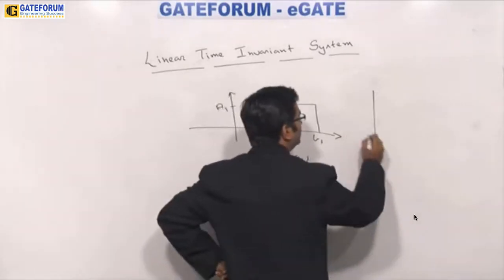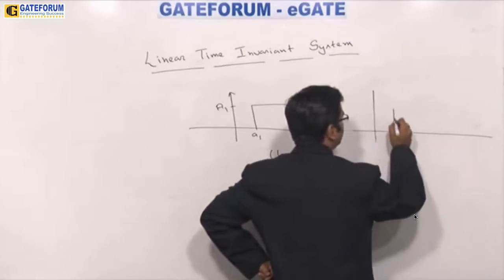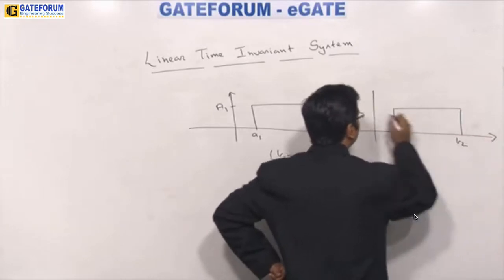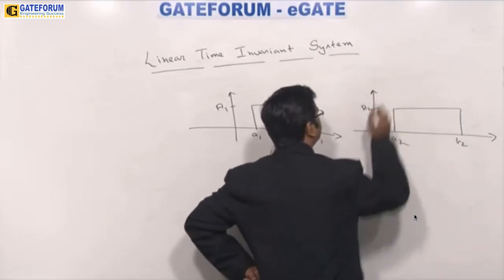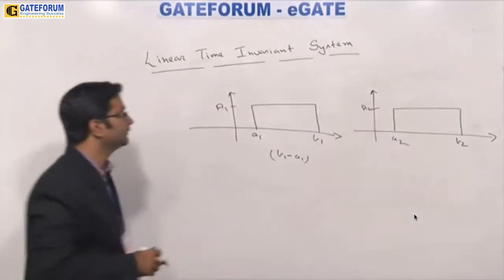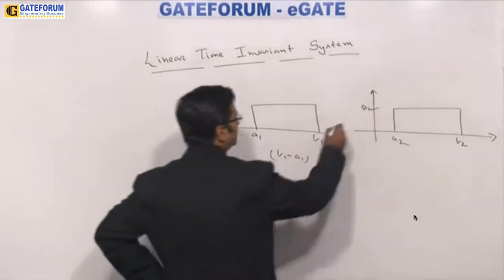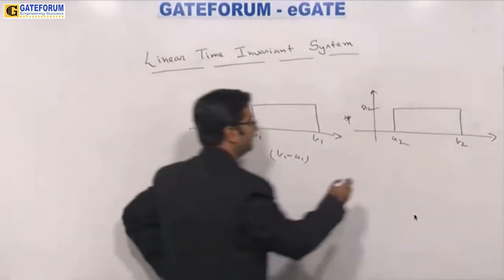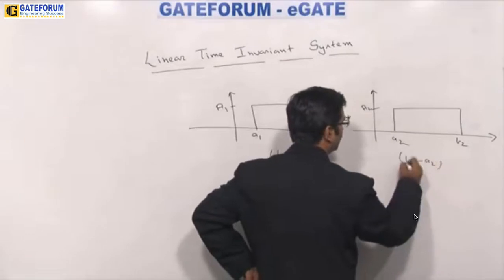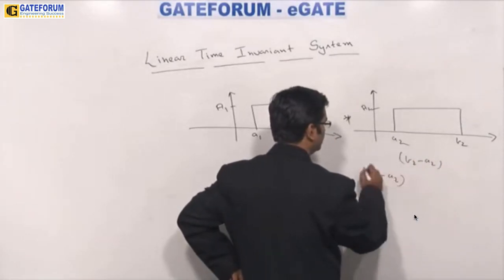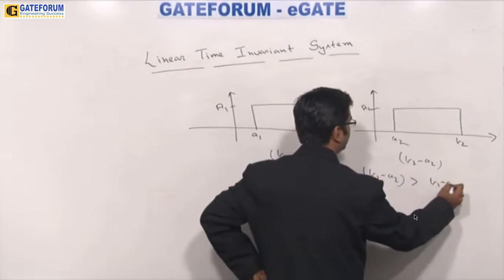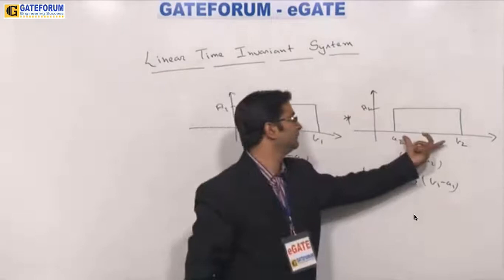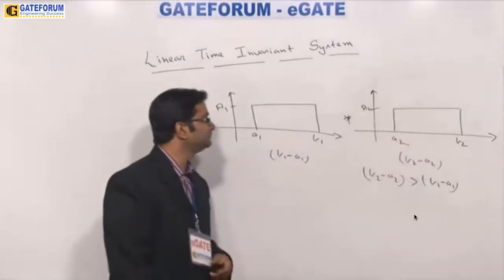There is another pulse, with magnitude A2, from A2 to B2. Okay, I want to do the convolution of both the things. It is denoted by a star operator. The condition is B2 minus A2 is greater than B1 minus A1. A1, A2 can be anything, there is no condition on that. That means this pulse width is more than this pulse width.